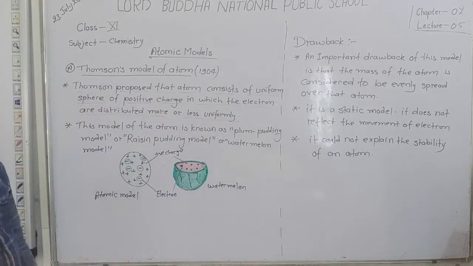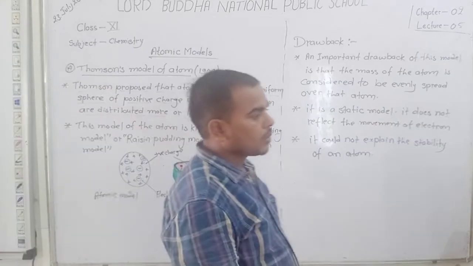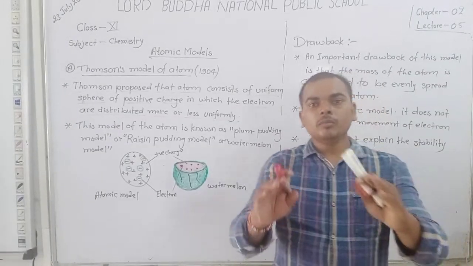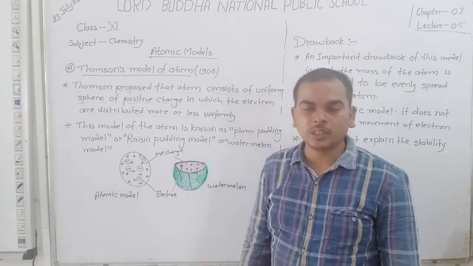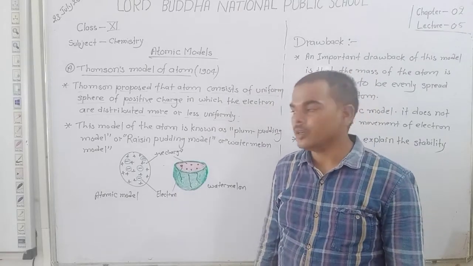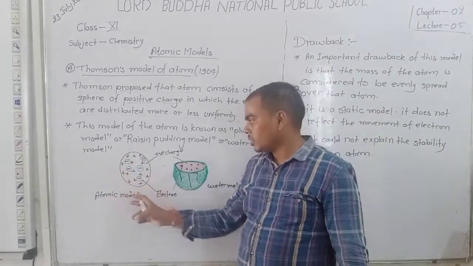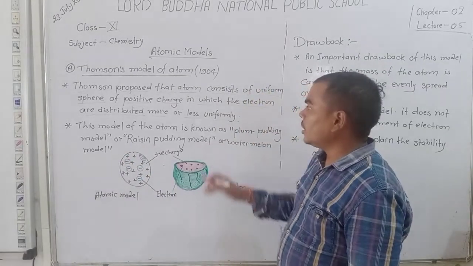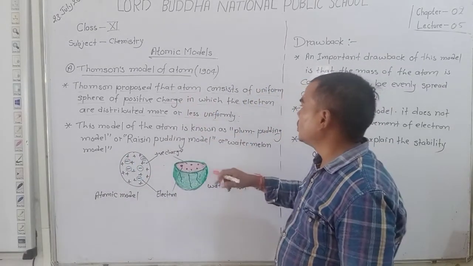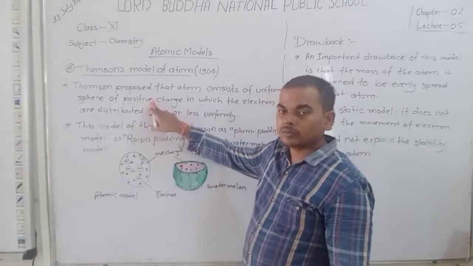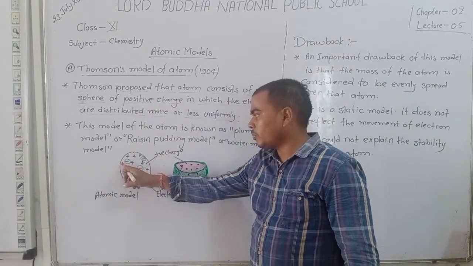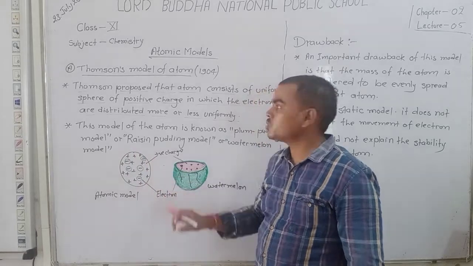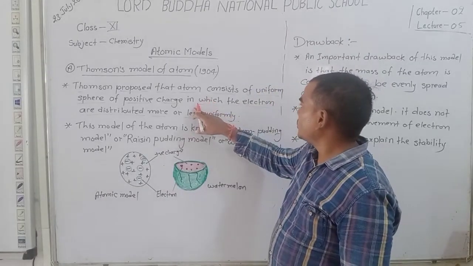Dear student, according to Thomson, the atom is like a uniform sphere, and in the sphere there is positive charge, like plus plus plus. This is positive charge.